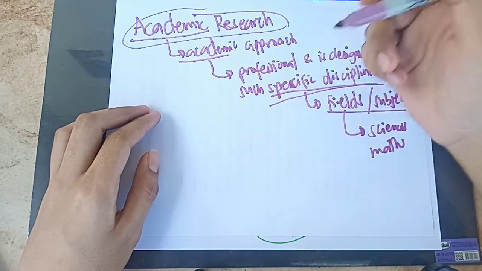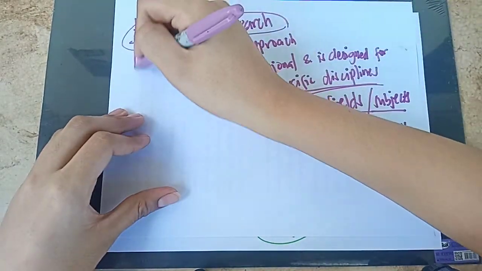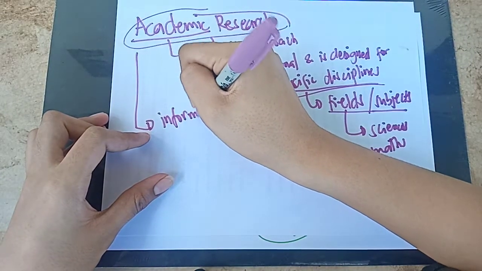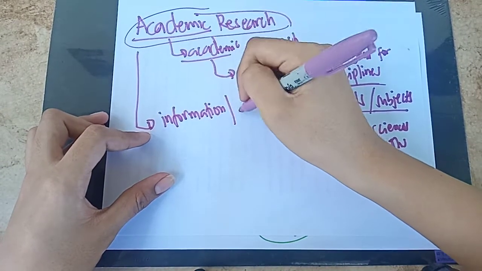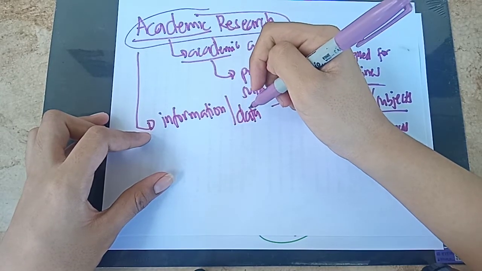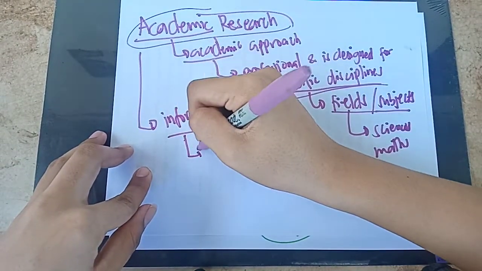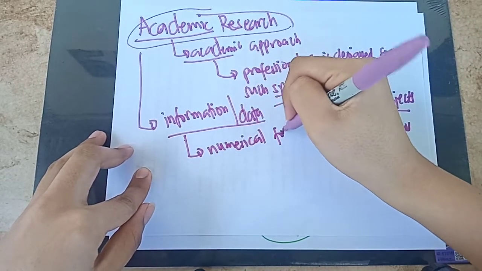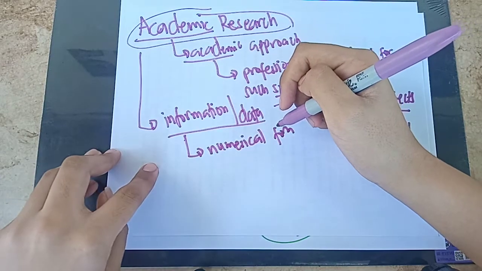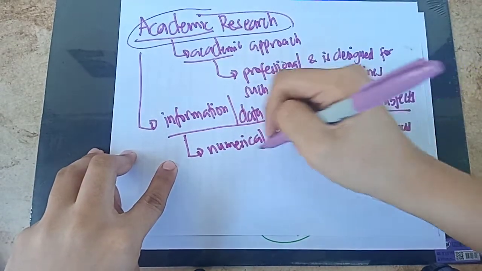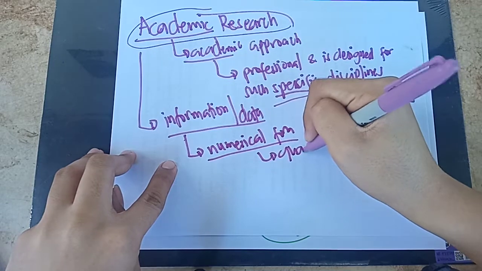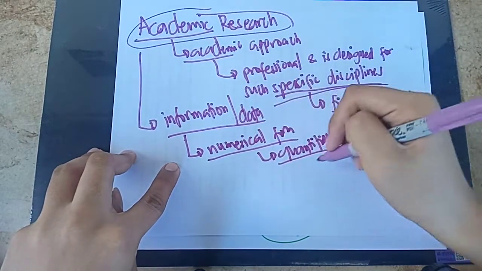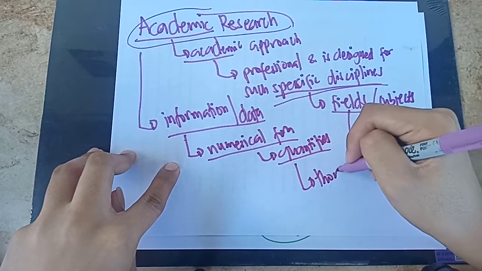In conducting academic researches, it usually uses information or data that are presented in numerical form. When we say numerical form, it is presented in quantities, and these quantities are thoroughly analyzed.